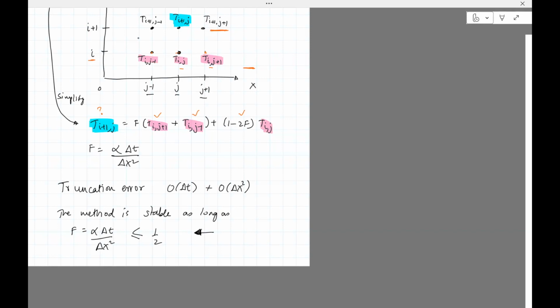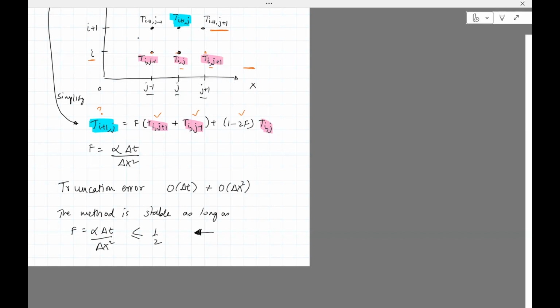So in order to avoid this issue, there is another method, what is known as an implicit method, which is computationally more challenging than this method, but has no stability issues.